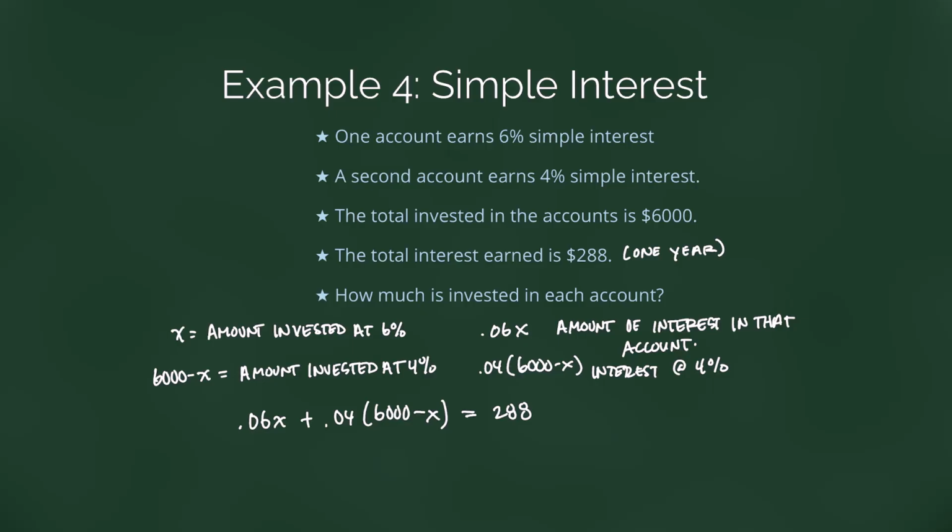So now we have a linear equation. We can go ahead and solve it. We'll distribute, so we get 0.06X plus 0.04 times 6,000 is 240 minus 0.04X. That equals 288.